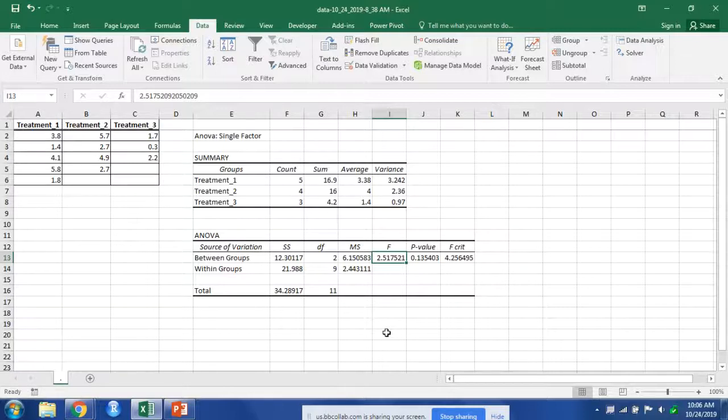So our analysis does not support rejecting the null hypothesis, or we fail to reject the null hypothesis. And from our standpoint, none of the different methods has a significant difference in how we train someone on a new skill.